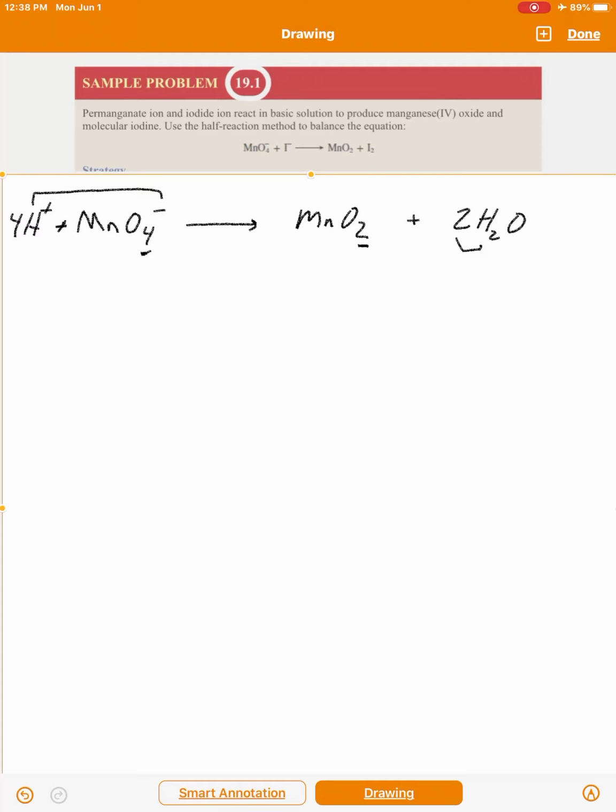There's 4 hydrogens, not just 1 hydrogen, so that's plus 4. And then there's 1 MnO4 minus, that's 1 negative. So overall, if you take plus 4 and minus 1, you get plus 3. So you just add 3 electrons because electrons are negative. This is a redox reaction, so we're claiming that electrons are transferred in this reaction.